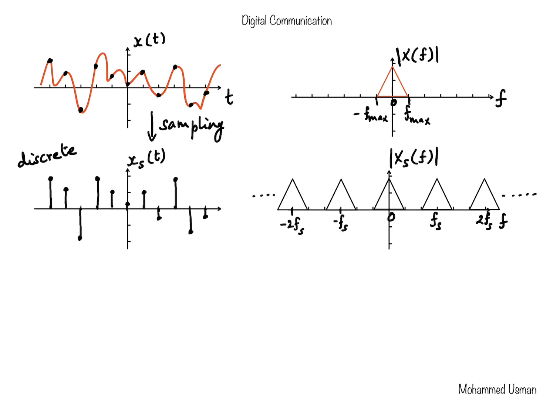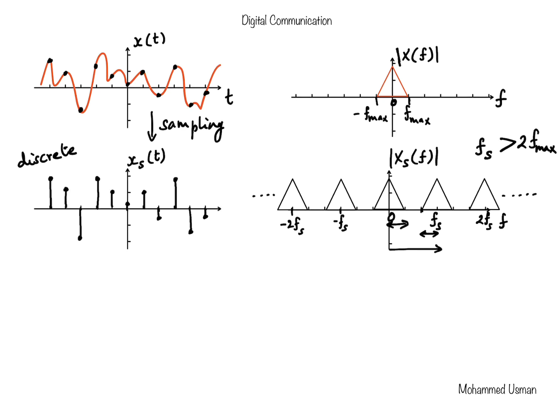Now, the spectrum of the sample signal that I have drawn here depicts the case where the sampling frequency fs is greater than 2f max. How do we know that? It is very intuitive looking at the diagram itself. This distance from 0 up to here is f max, and again from the center of the first replica to the edge here, that distance is also f max.